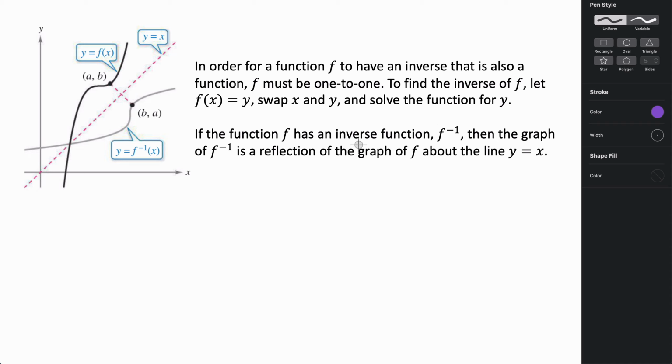So if the function has an inverse, then the graph of the inverse is just a reflection of our original function over the line y equals x, and you can see that here. So we have the line y equals x there. Here's our function y equals f of x. The inverse is this function here.